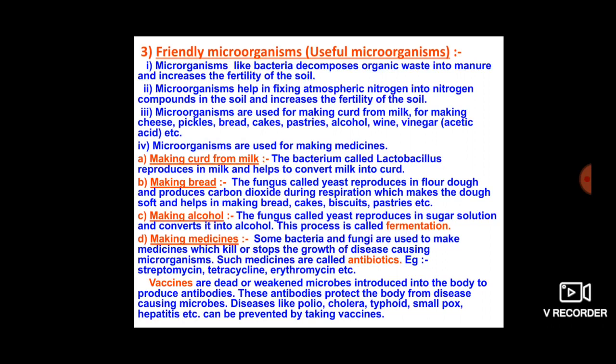Yes children, these microorganisms help in fixing the atmospheric nitrogen into a useful form. As we know, plants have the capacity to absorb water, sunlight and carbon dioxide present in the atmosphere.